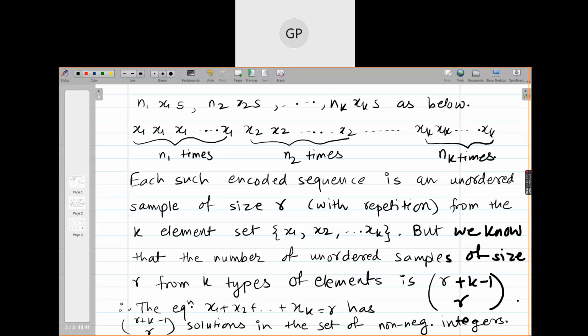In combinations with repetitions, x1 is repeating n1 times, x2 is getting repeated n2 times, and xk is getting repeated nk times. So this is just combination. Unordered sample means combination, selection, there is no order. In arrangement, there is always an order we have to follow. Have you finished writing?